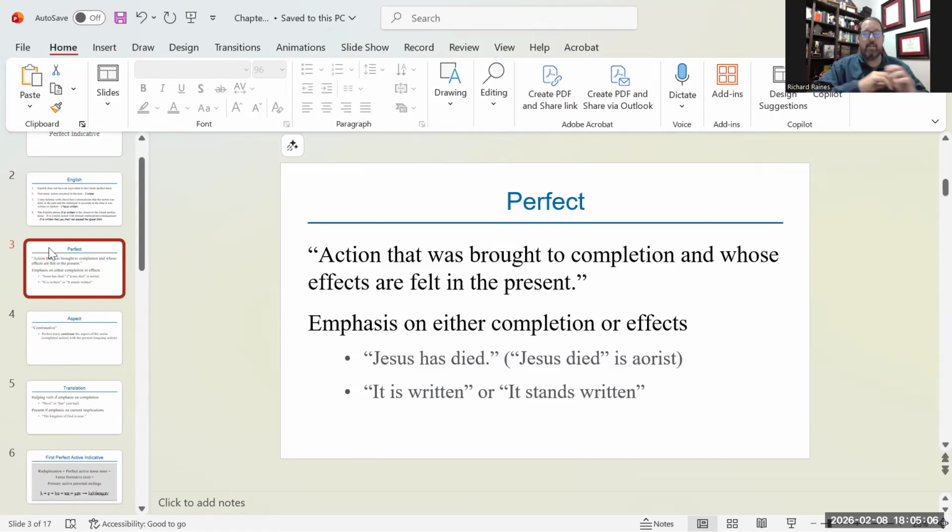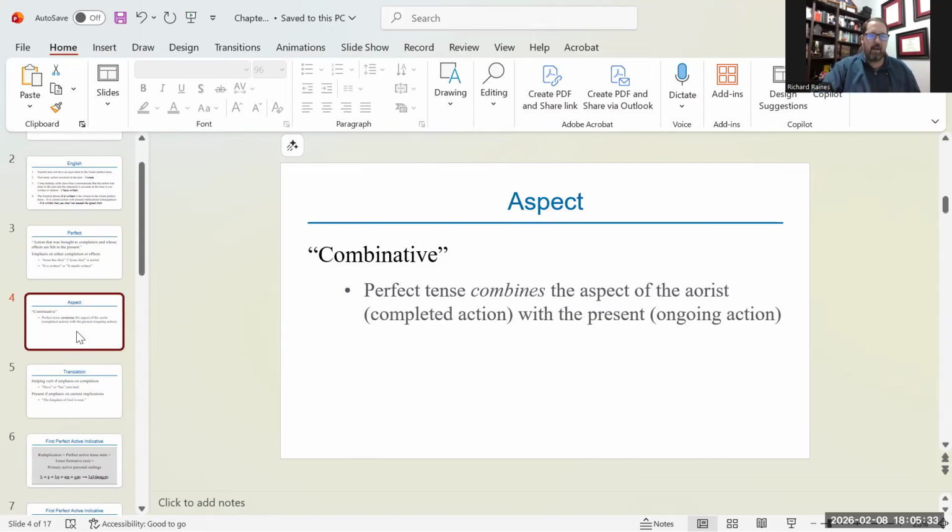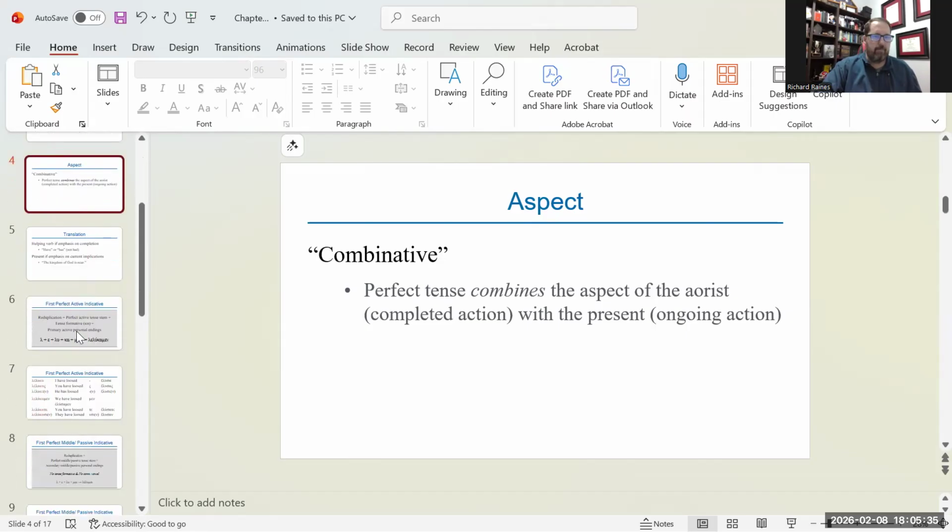It happened in the past, and it applies at the time that you're speaking, or at the time that you wrote something down. It's a really important point, but you can't really go any further than that. But I want you to just be specific with that. To help you understand it, he's created the word combinative. If that helps you, it combines aorist with present.